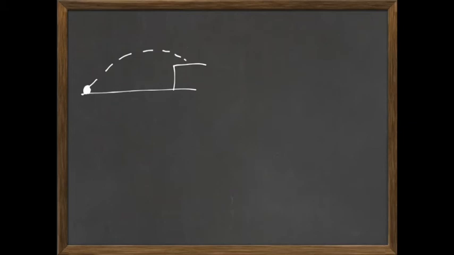We will say that the table is 5 meters away and that the height of the table is 1 meter. So if we launch this at, say, a 50-degree angle, what velocity do we need to launch with? So what is the initial launch velocity?